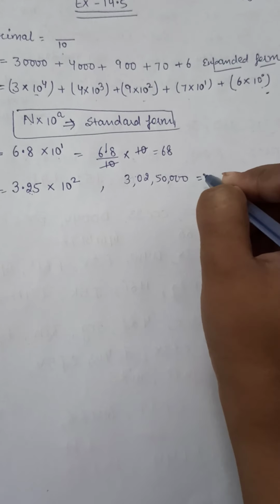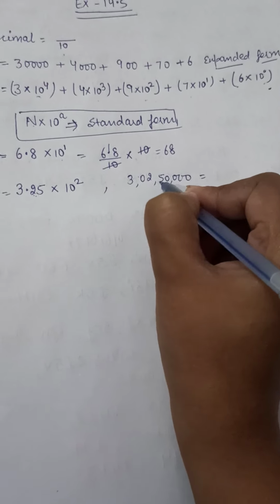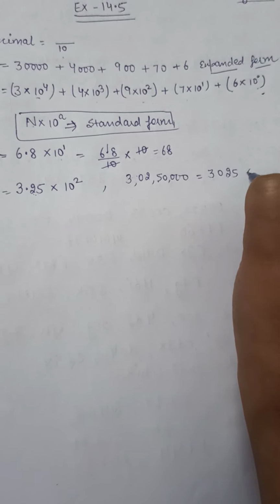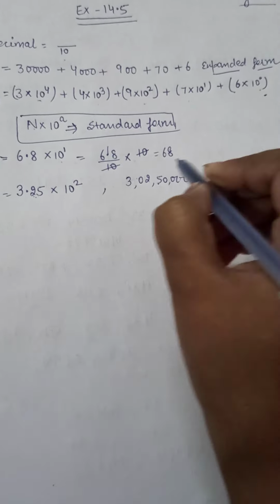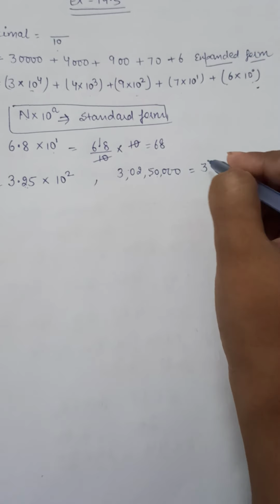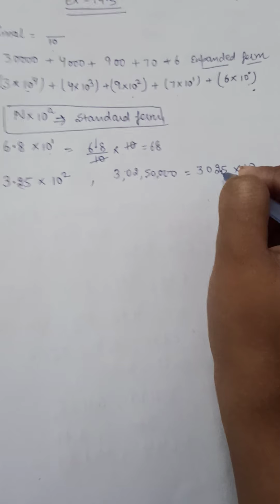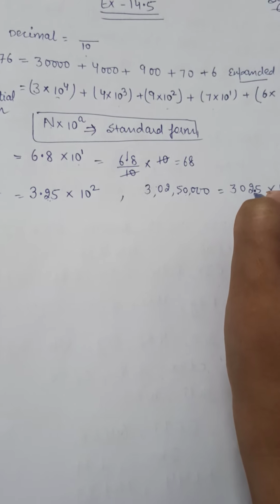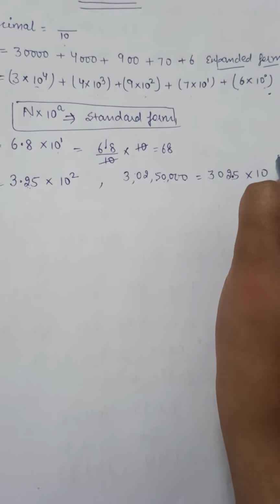equals to, up to here the number is 3025 multiply with 10. How many are there? 1, 2, 3, 4. So I can write like this: 302.5. So the power goes to 10 to the power 5.